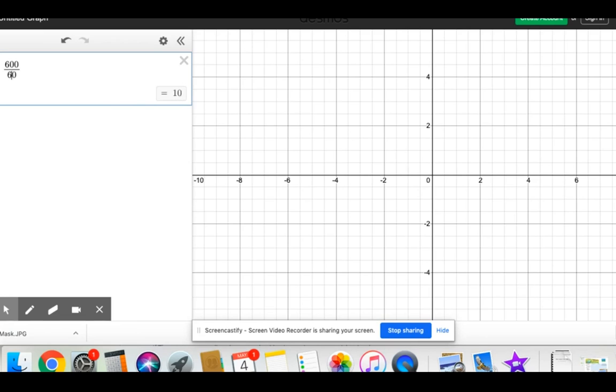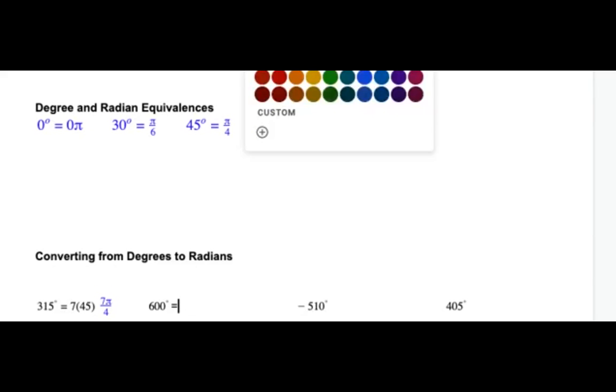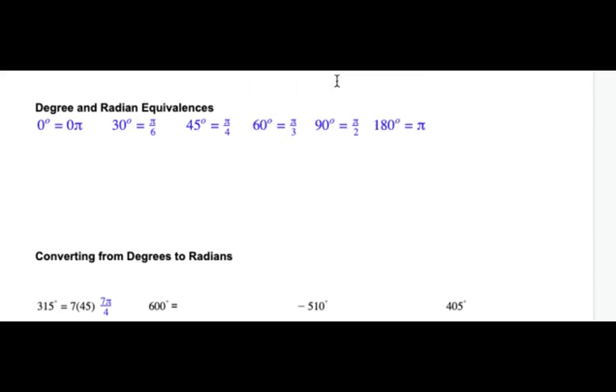Decimal. But for sure 60. So if I divide it by 60, I'd get 10 of them. So having 600 is the same thing as having 10 of the 60s, which is the same thing in radians as having 10, and a 60 is pi over 3.